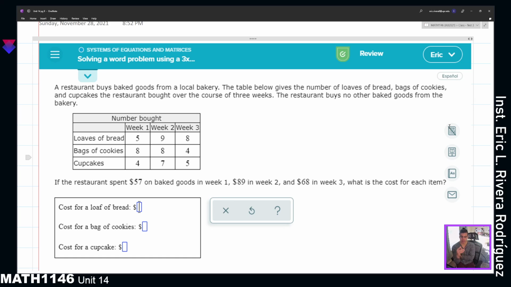The other data that we have is that in week 1 we spent 57, we spent 89 in week number 2, and then 68 in week number 3. So how can we use a system of equations, more specifically a 3x3 system, to know the unit cost of each item?